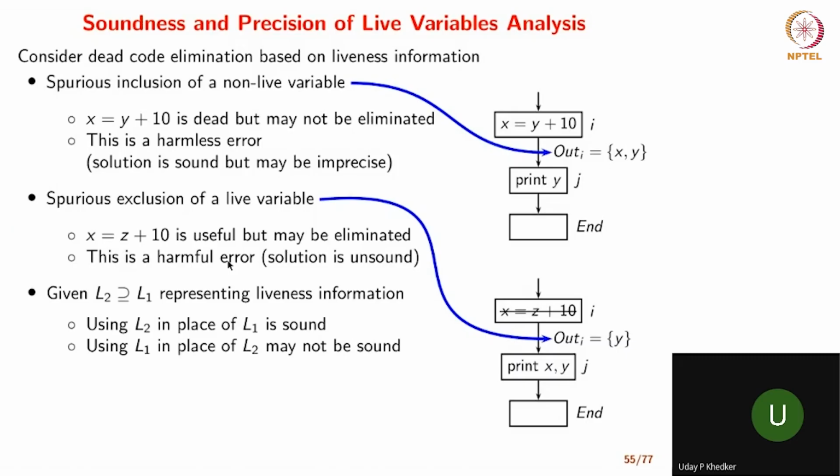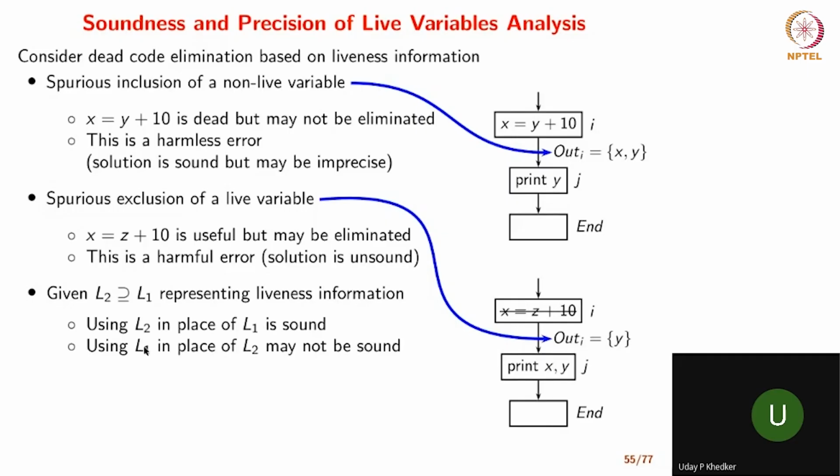So how do we define soundness and precision? Given L2, which is a subset of L1 representing liveness information, if L1 is sound, then using L2 in place of L1 is sound because we are only going to declare some additional variables as live. It may lead to some error, but the error will be harmless.